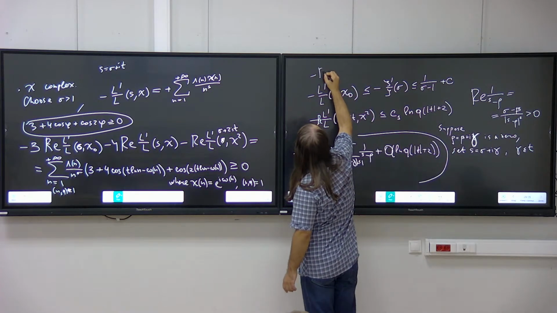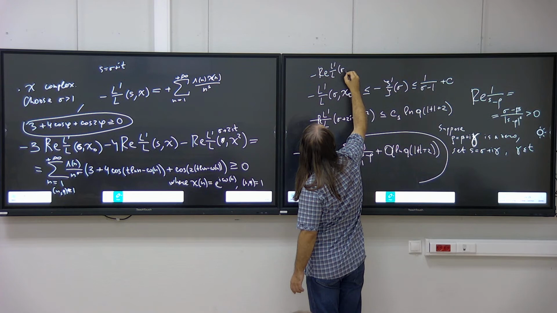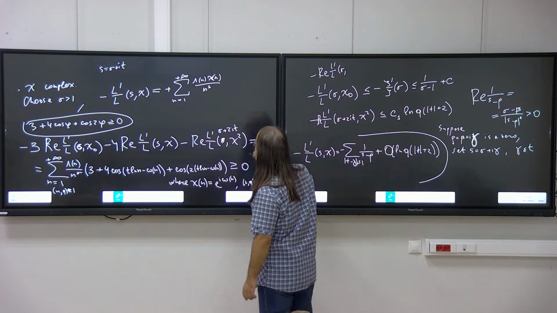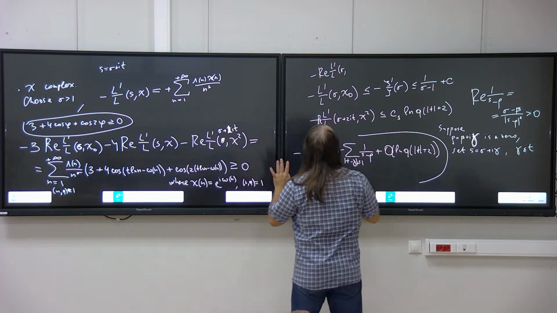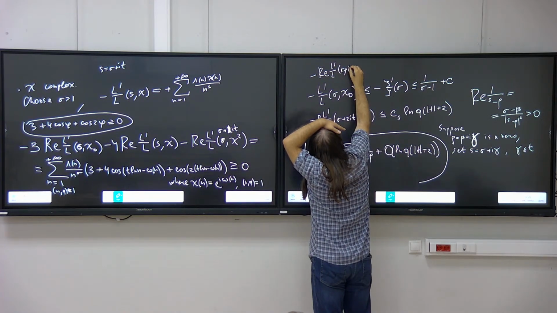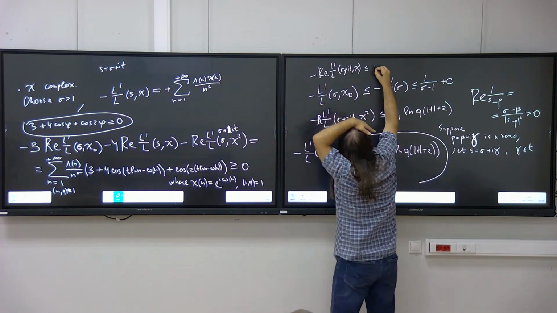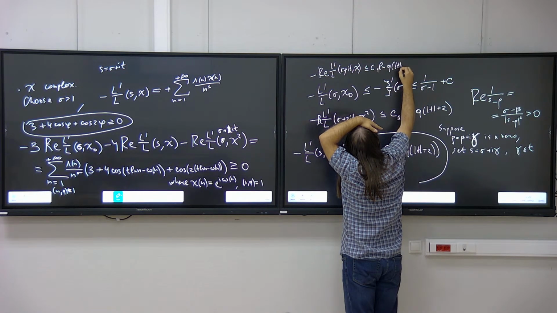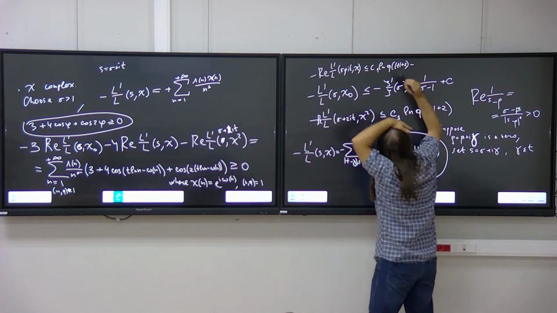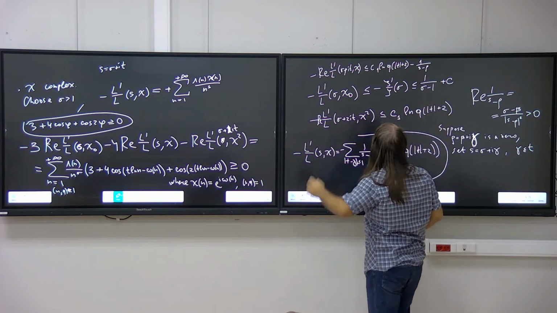So minus real part of L prime over L at sigma, not 2it, sigma plus 2it, it's okay. Sigma plus it, chi is at most this same constant C1 log q absolute value of t plus 2, minus 1 over s minus rho, real part.